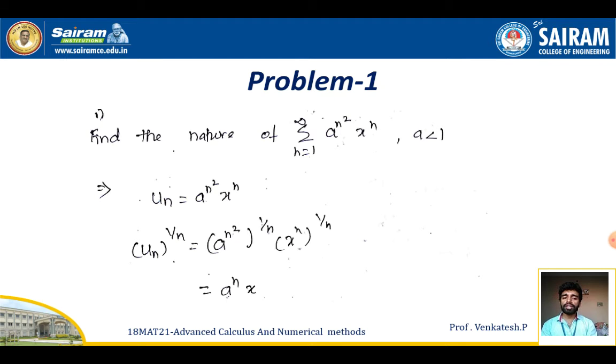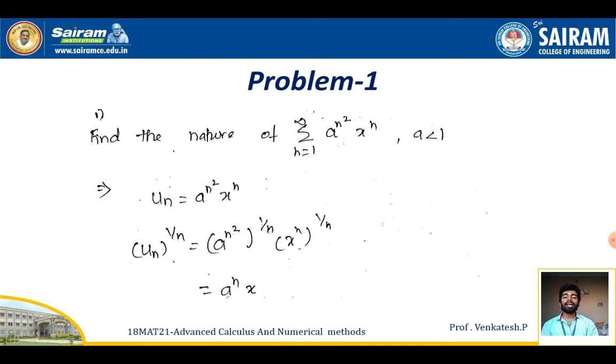According to Cauchy's root test, we have the formula limit n tends to infinity un power 1 by n. To get un power 1 by n, in the given un equation I take power 1 by n on both sides. Then I get un power 1 by n is equal to a power n square whole power 1 by n times x power n whole power 1 by n.